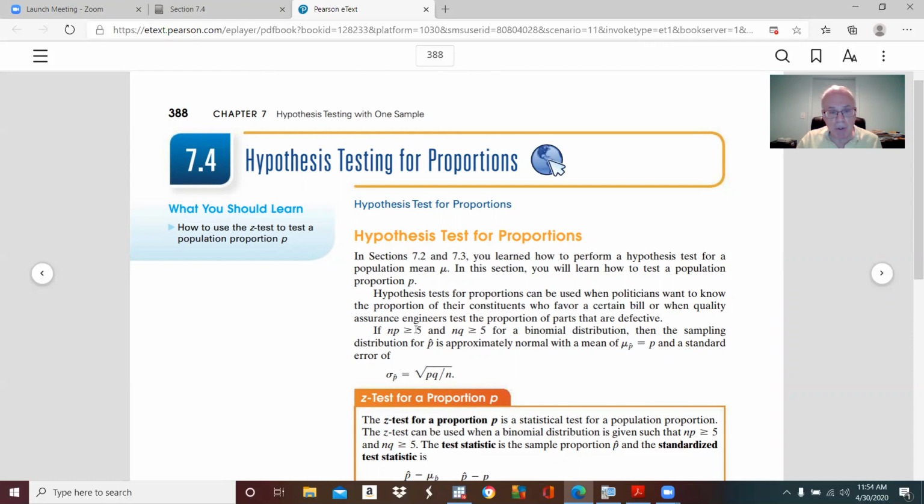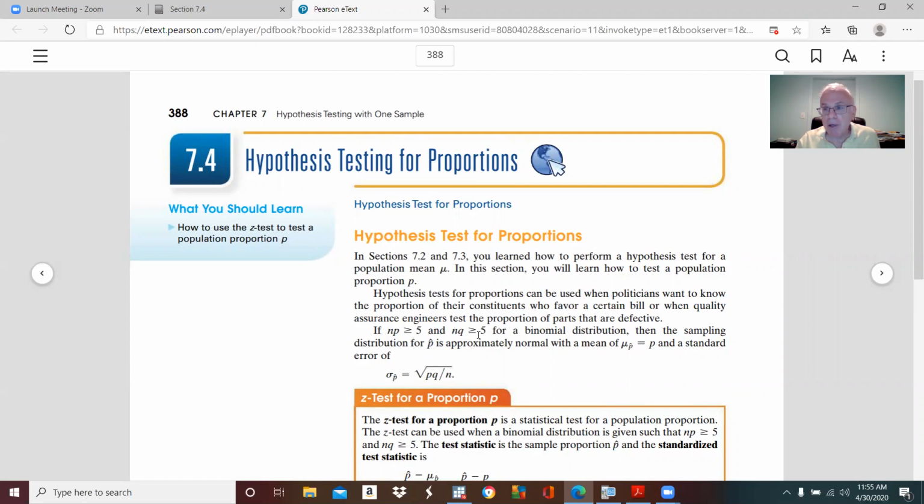Notice in this book they use np is greater than or equal to 5, and nq is greater than or equal to 5. And in my notes, I use 10. There are other textbooks that say 10. I'll make the change in my notes to show that it's supposed to be 5 instead of 10.